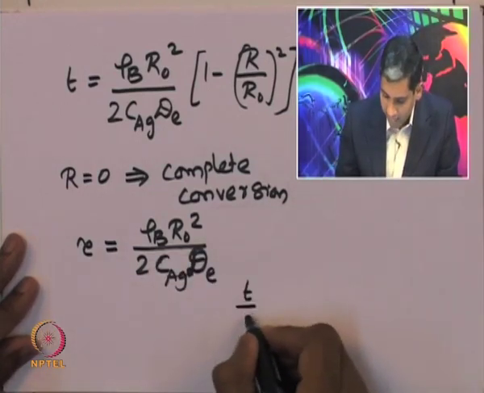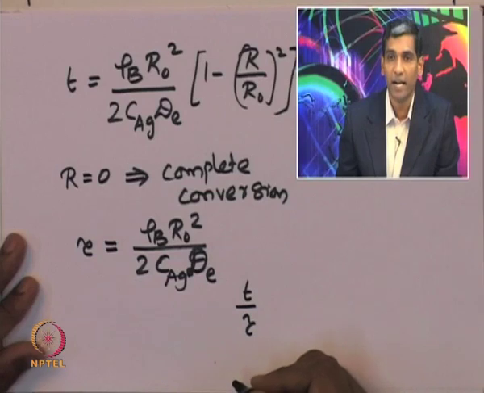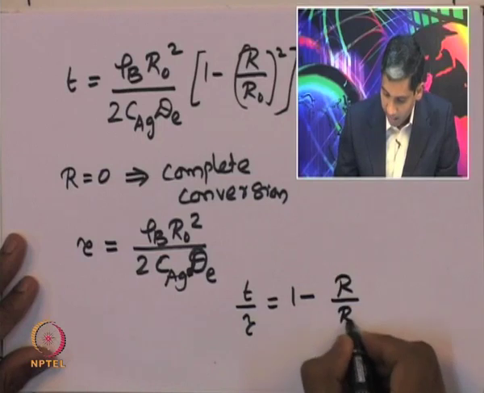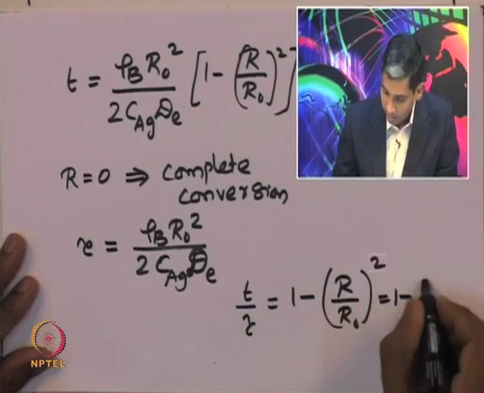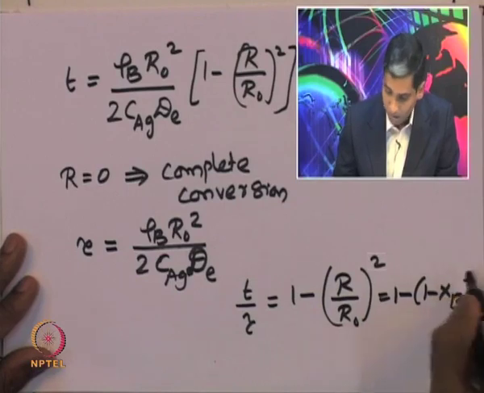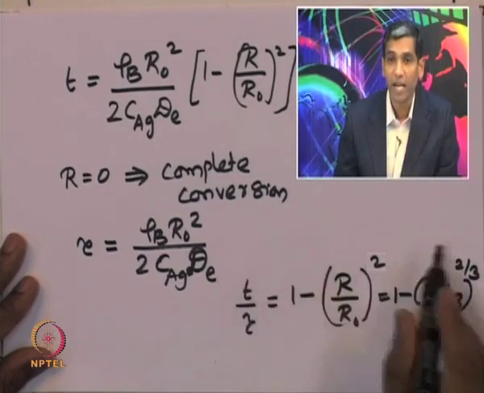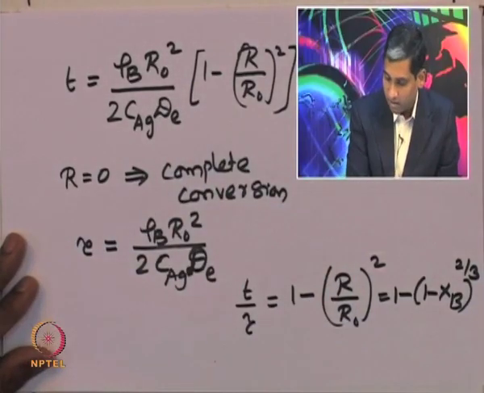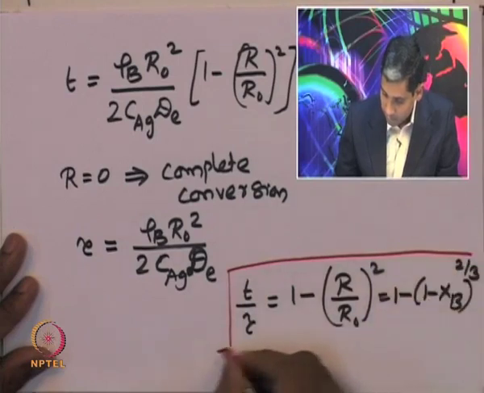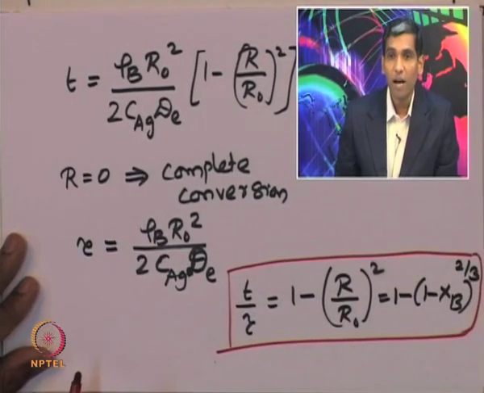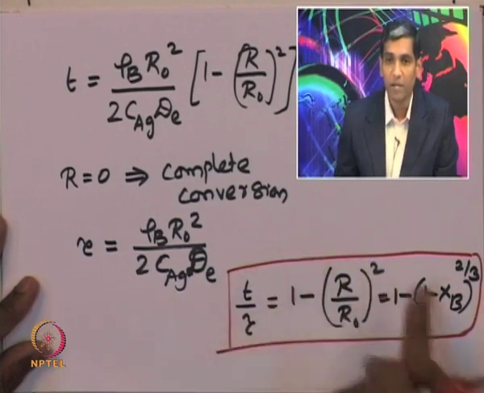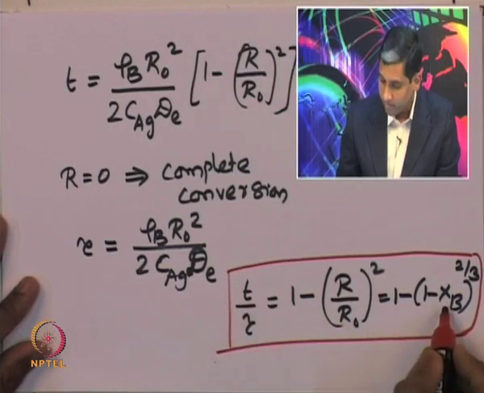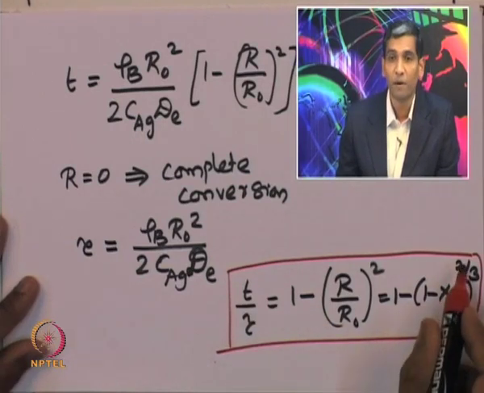And so, the fractional time taken to reach a certain radius of the unreacted core is given by 1 minus r by r naught, the whole square, which is equal to 1 minus xb to the power of 2 by 3. This expression can be obtained simply by taking the ratio of these two expressions. So, we can easily see that the fractional time is proportional to 1 minus conversion to the power of 2 by 3.